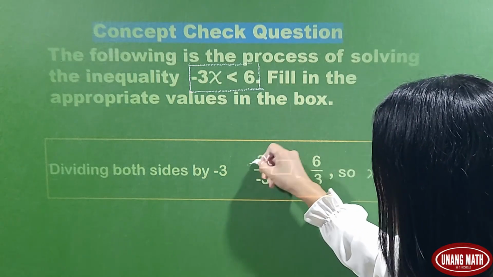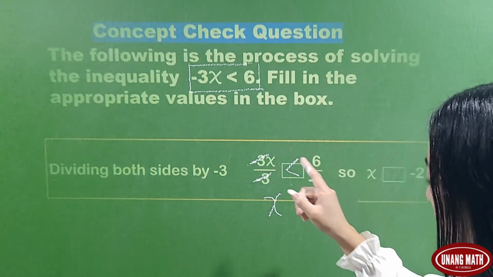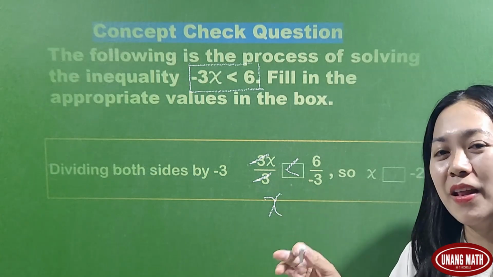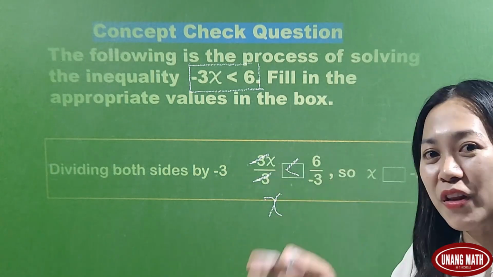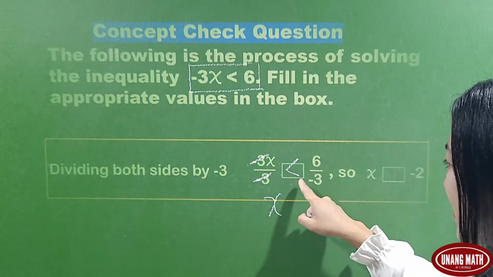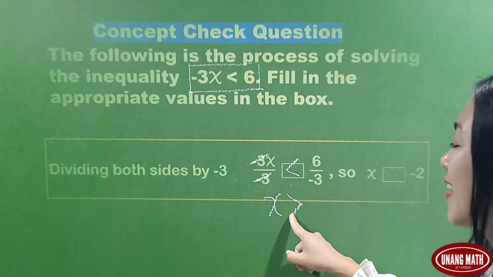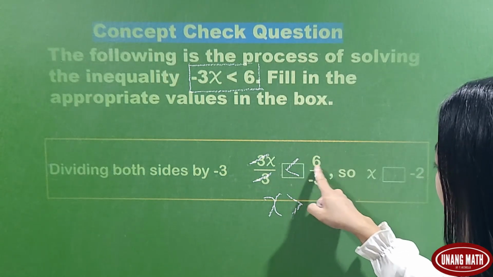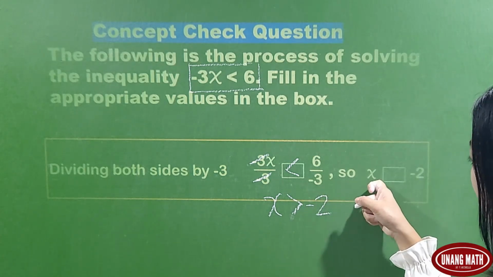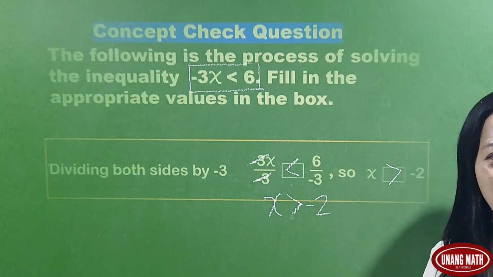If we simplify, then we now have here x, and since we divided both sides of this inequality by negative 3, or a negative number, this less than sign reverses or changes. It will now become greater than. So 6 divided by negative 3 is negative 2. So x is greater than negative 2.